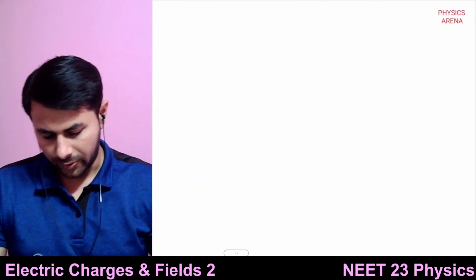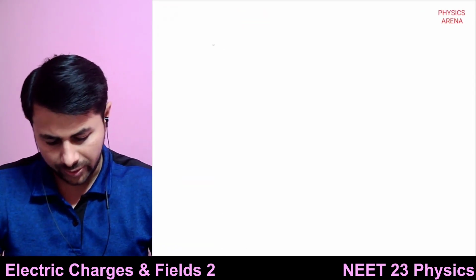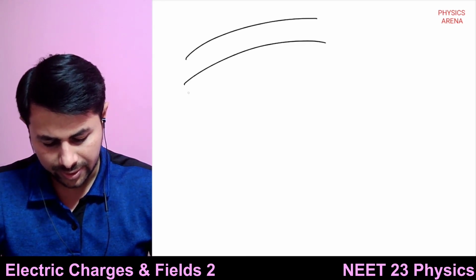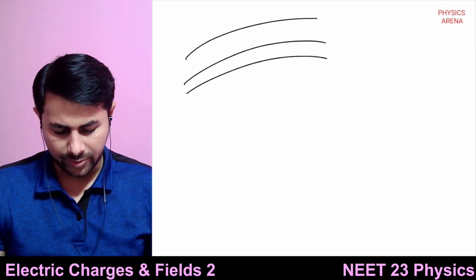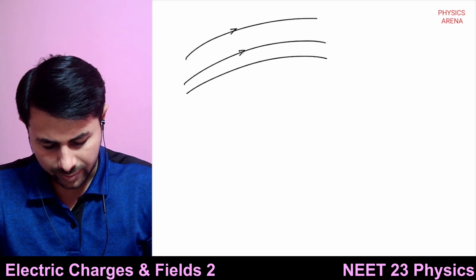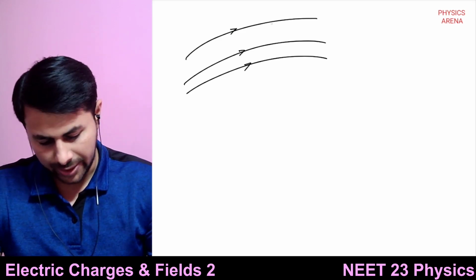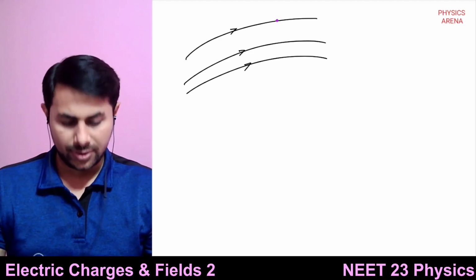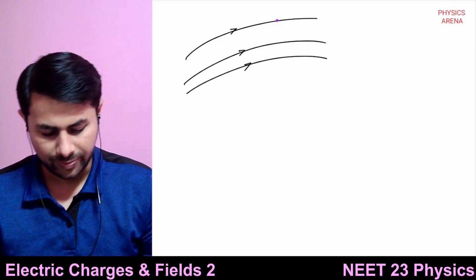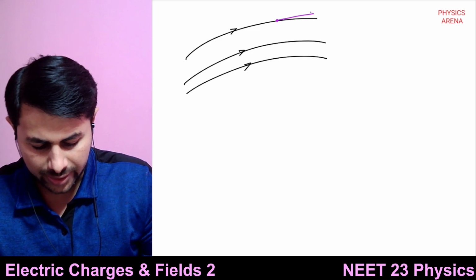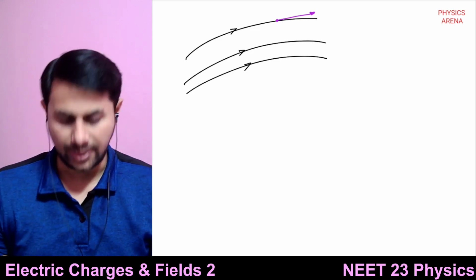Let's suppose we have electric field lines like this. If I want to find out the electric field at this point, what will I do? I will draw a tangent at this point. So electric field at this point is directed like this.